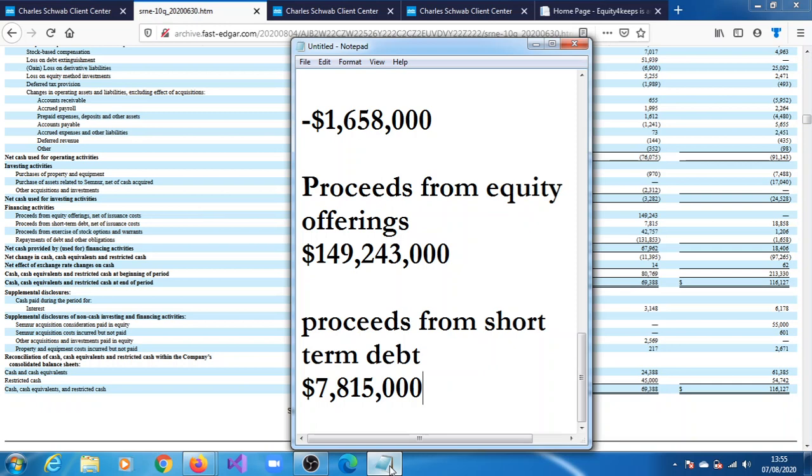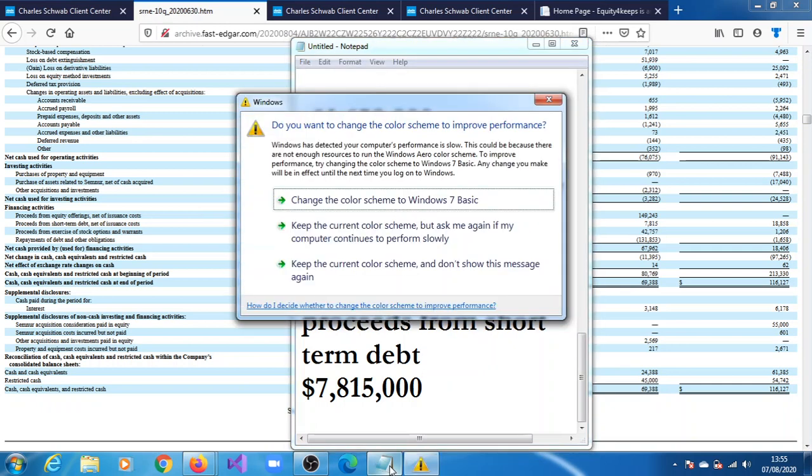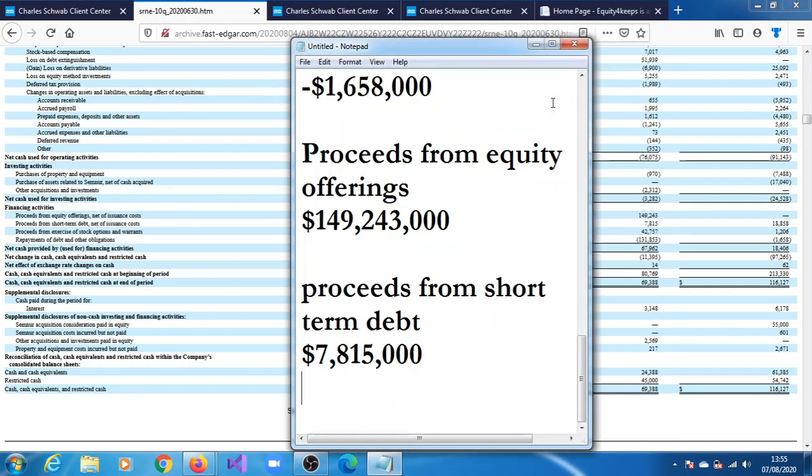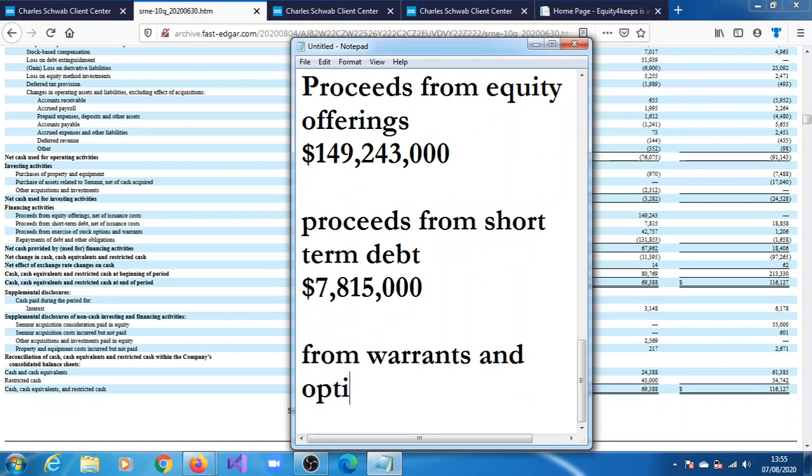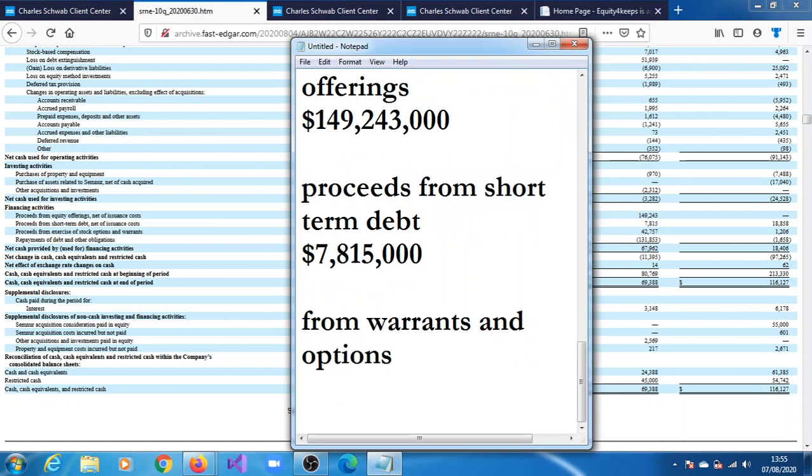And then the other one is proceeds from exercise of options and warrants, which was 42,757,000.